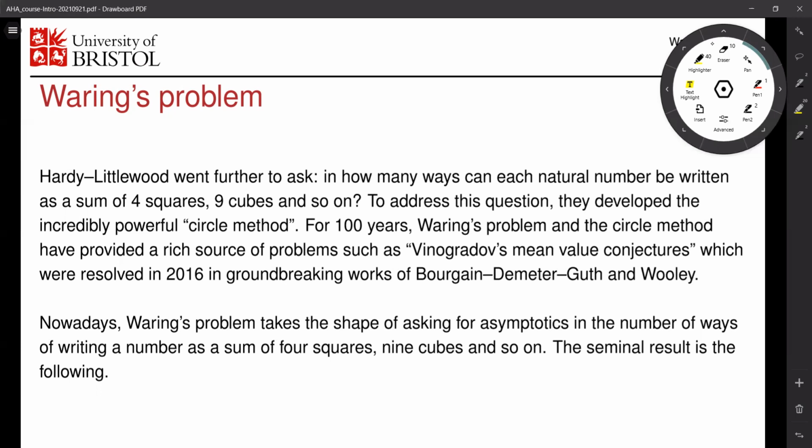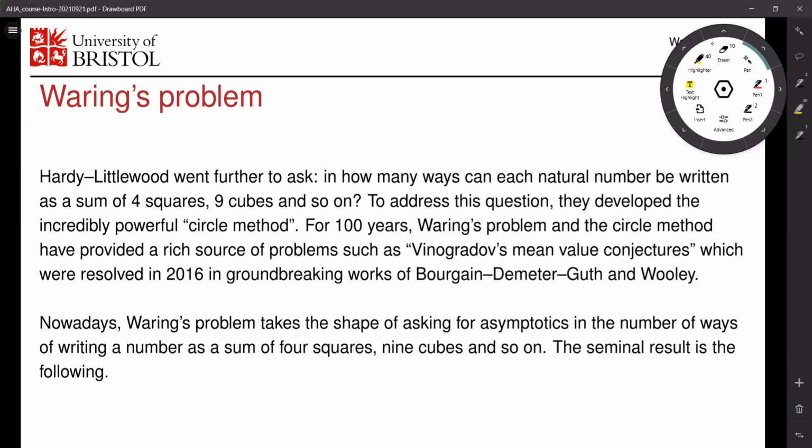Okay, and that was introduced in about 1920, and for the past 100 years, it's been a mainstay of analytic number theory. We're still quite far from getting the optimal solution to Waring's problem, though a lot more is known than when Hardy and Littlewood started on this.